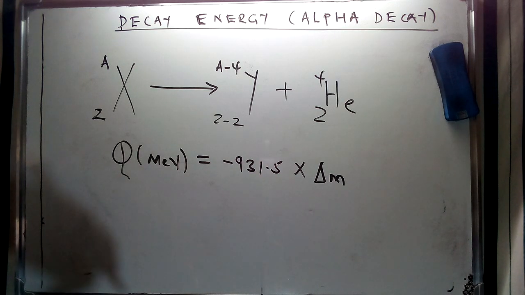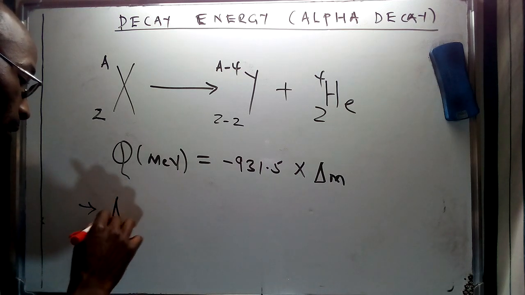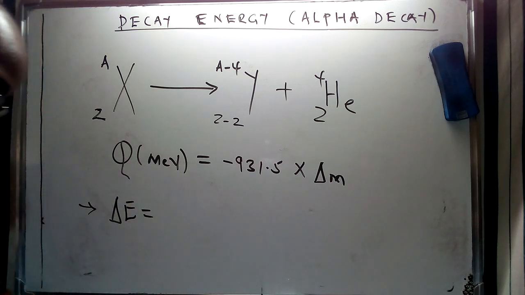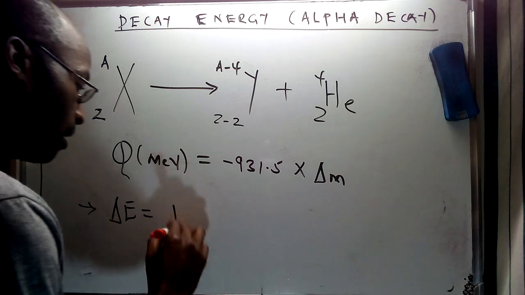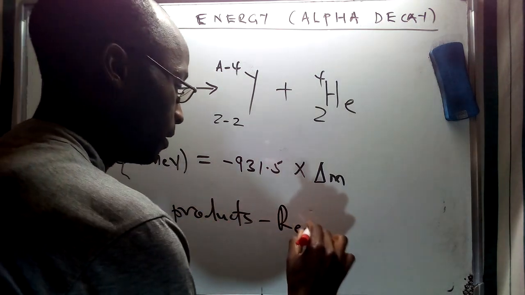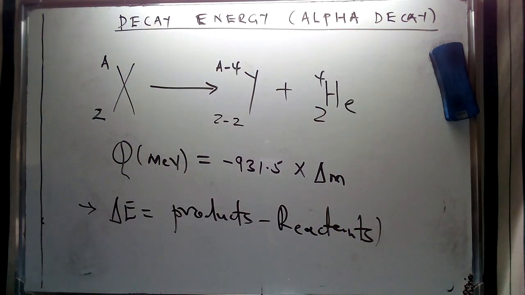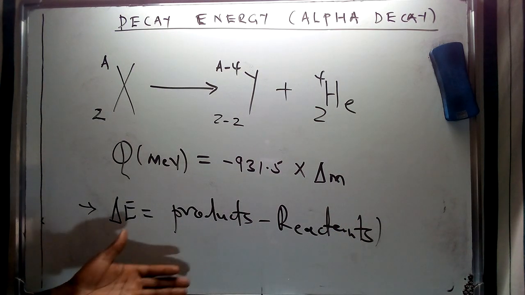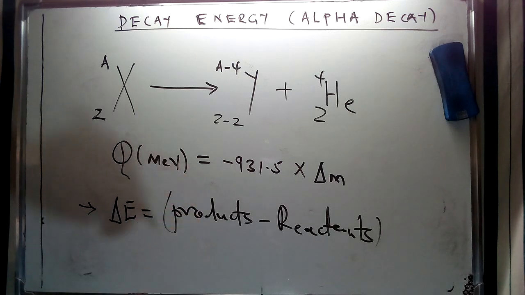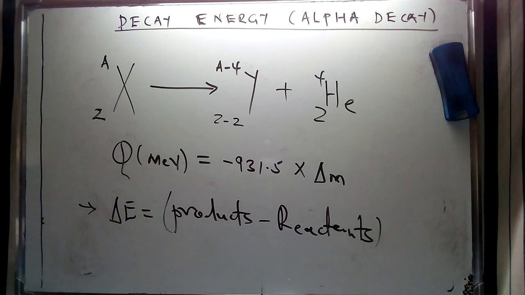As we normally do for our chemical equations, whenever we are trying to find the energy, it is the difference between the products and the reactants. So we give the difference in mass between the products and the reactants, and that change gives us the Q value.